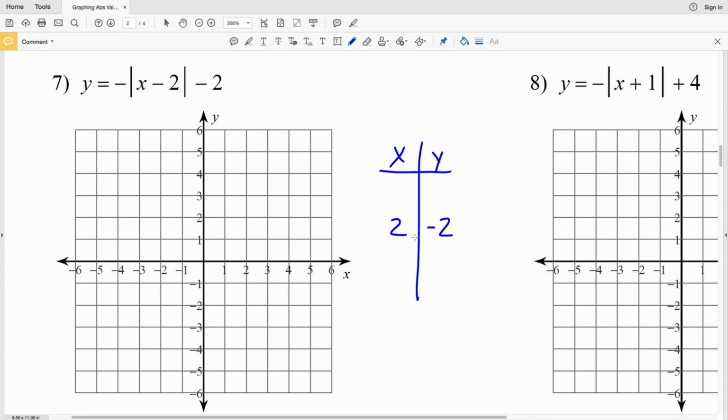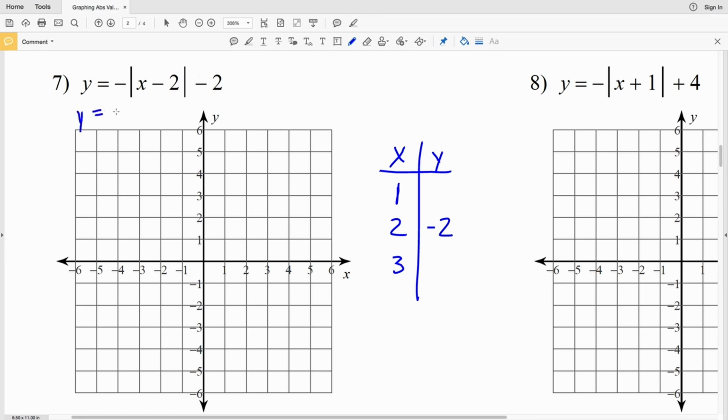So now that we have our turning point, we'll plug in one value less, and we'll plug in one value greater. So we know that these are equivalent, so now all we have to do is plug in a single x value. Let's go ahead and plug in the 3.